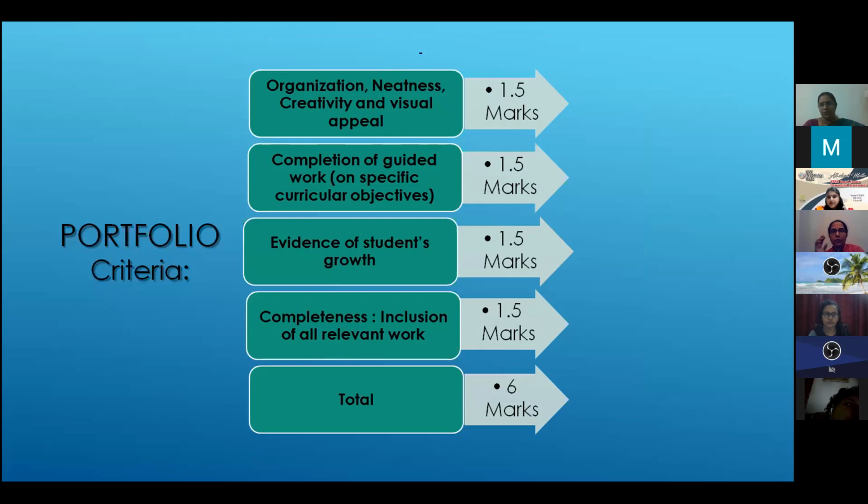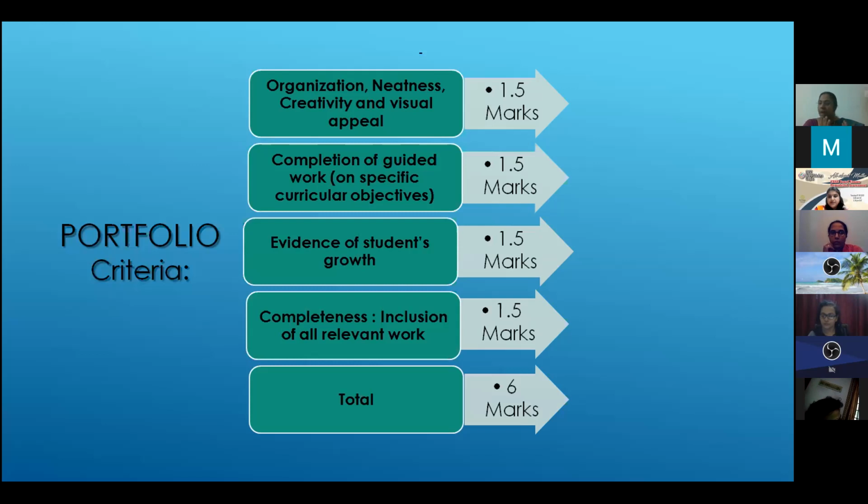That's why, just as a suggestion, I have put a mark for each one, if you want, you can give. Why I have given a total of 6 marks is because now it is 3 marks for portfolio, so we can easily convert it. This is only a suggestion from my part, not given by CBSE. You can give out of 10 marks if you want, and if you want to add anything else to the criteria, you are allowed to do it.